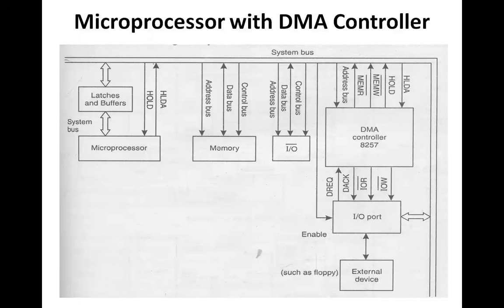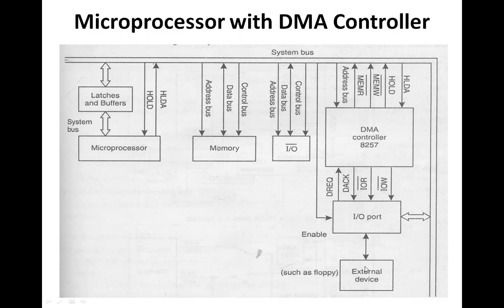When the input output device needs a DMA transfer, it is going to send a DMA request to the DMA controller through this line. This request is coming from the device. This request signal arrives from the input output port through which the external device is connected.